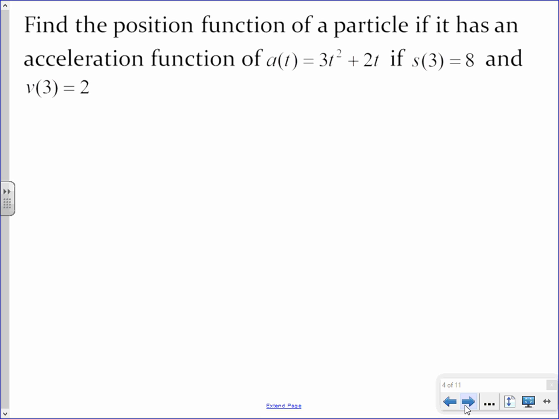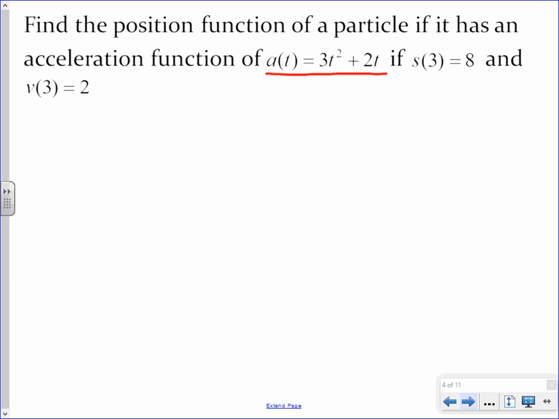Next, what happens if I give you an acceleration function and I want to know the position function? Okay, so we have that our acceleration function is 3t squared plus 2t.